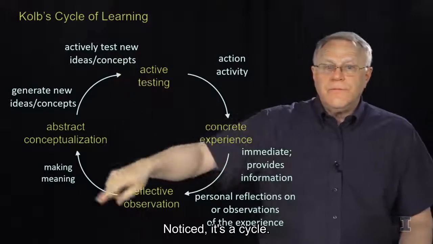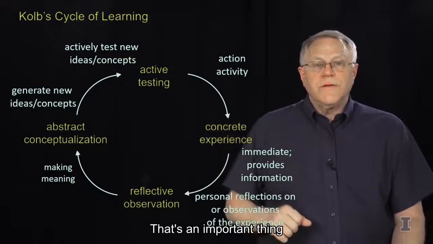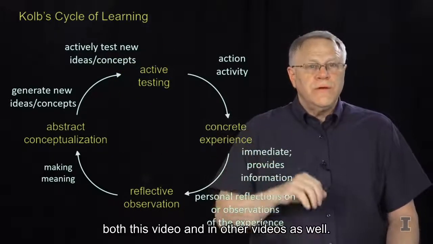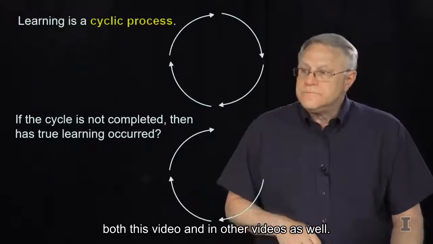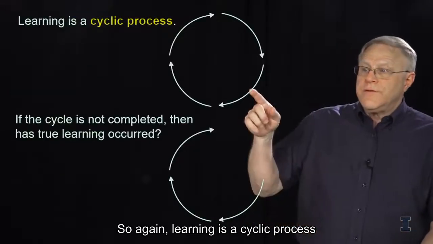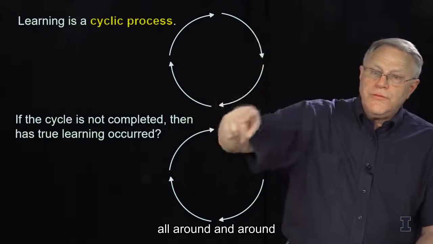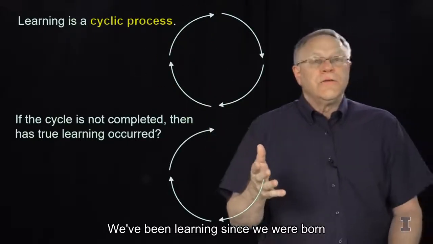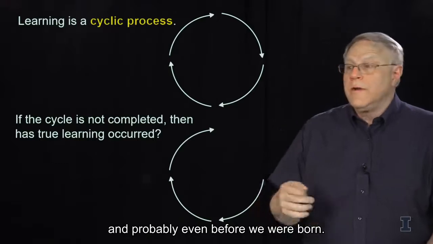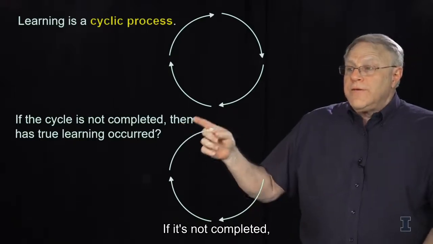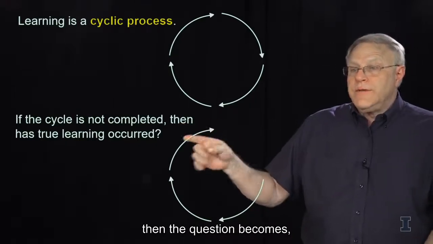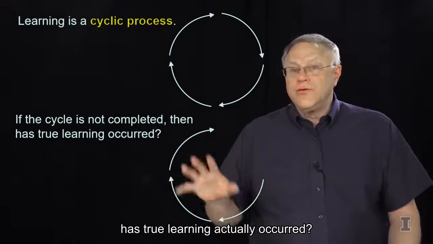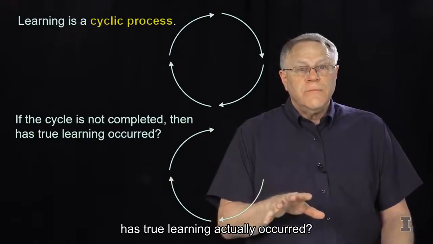Notice it's a cycle. That's an important thing, and we're going to hammer on that both with this video and in other videos as well. So again, learning is a cyclic process. All around and around and around, it keeps on going. We've been learning since we were born, or probably even before we were born. If the cycle is not completed, then the question becomes, has true learning actually occurred?